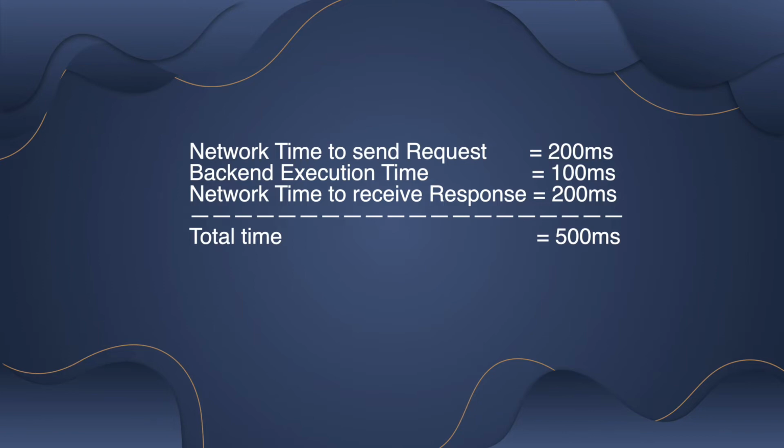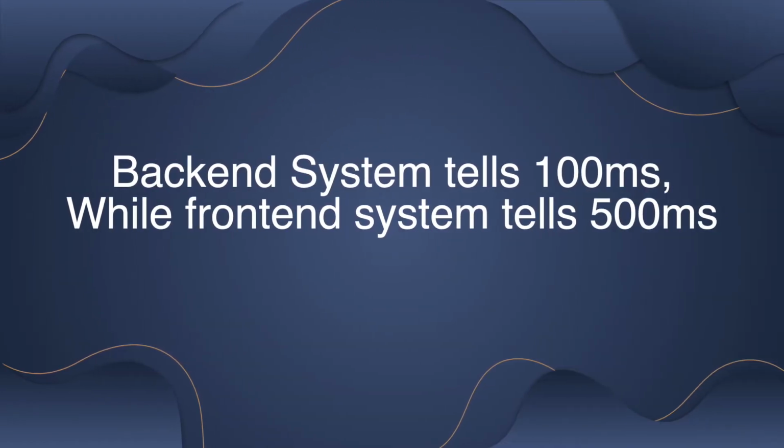While in the backend system, generally you find that the backend system tells its execution time. So the backend system will tell that it's 100 millisecond, but for the front end system it's 500 millisecond.